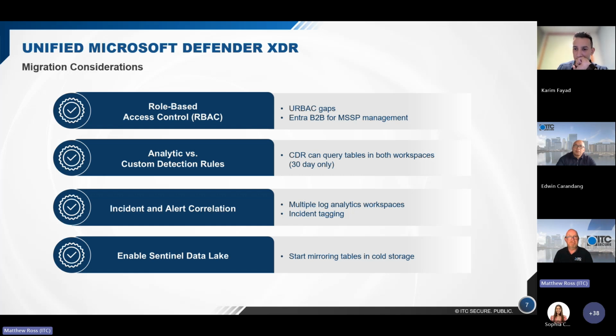Before, you might have seen incident provider of Azure Sentinel or Microsoft XDR. As soon as you integrate Sentinel into XDR, you only have the single incident provider, which is Microsoft XDR.